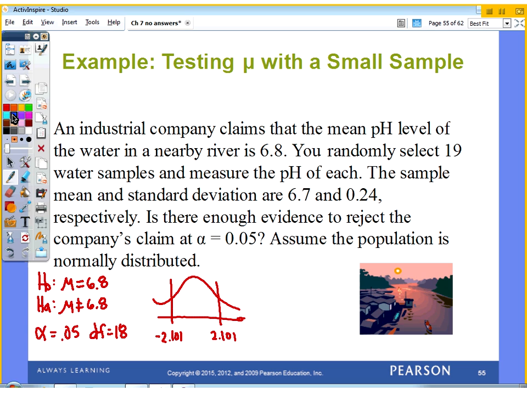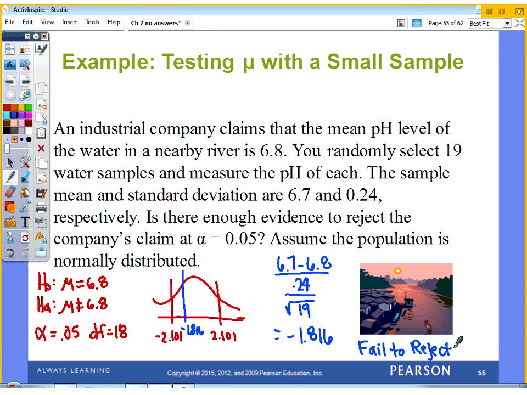Now, computing your test statistic: take your mean minus the population mean over the standard deviation divided by the square root of the sample size. You should get a negative 1.816. Now, if you put that on your graph, you see it falls in between your critical values, not in a tail, so we will fail to reject our null hypothesis.